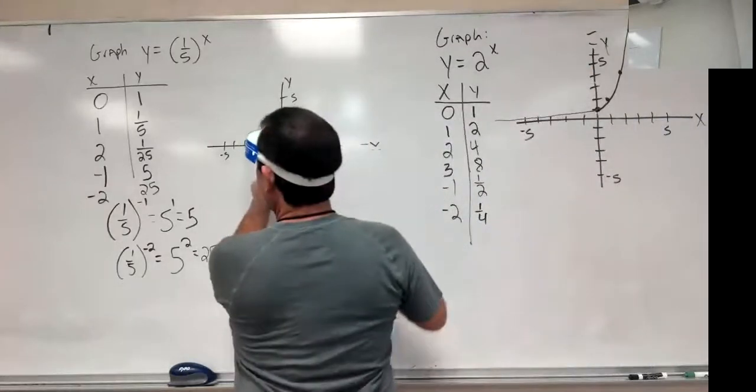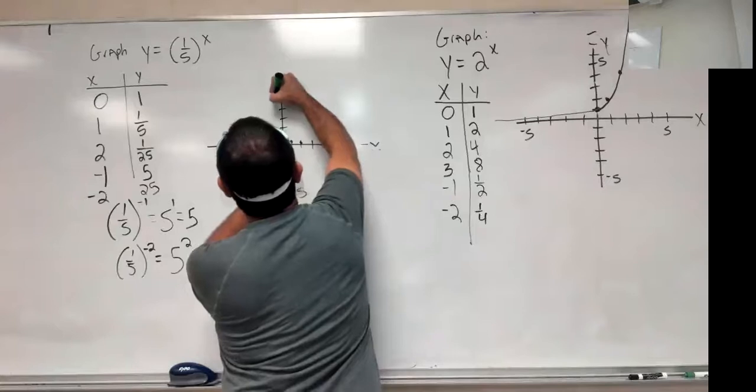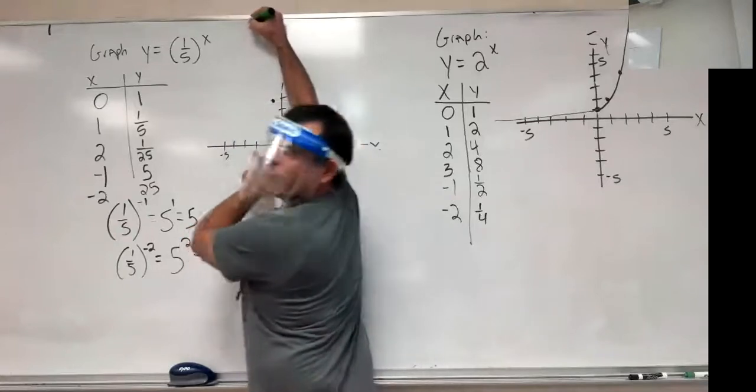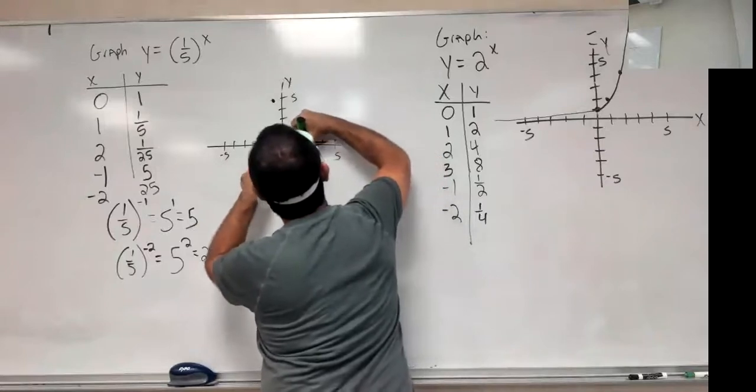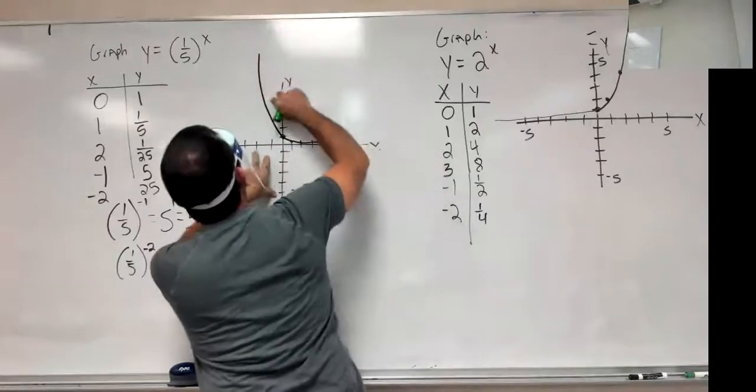So over here at 1, I was at 5. At 2, I was way up here at 25. So this graph will come, oops, start shooting up.